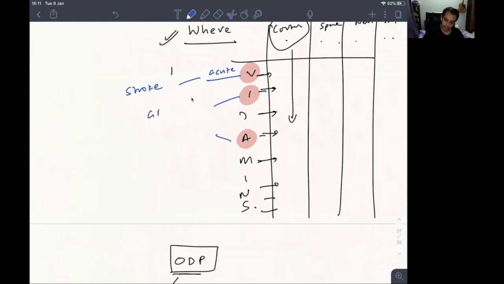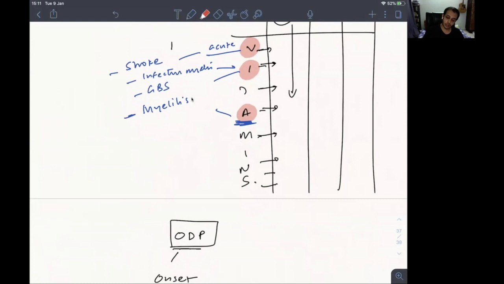So GBS or a myelitis, these are all autoimmune causes, and infectious myelitis, so herpes simplex, for example, these are all infectious causes and these are all acute.